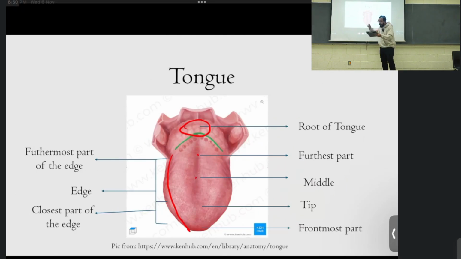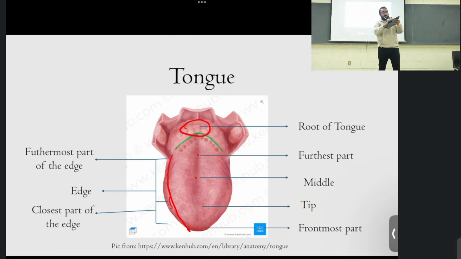Now, the description says the closest part of the edge with what corresponds with it, with the upper palate, right? What is the closest part of the edge? It's right there, right? So basically this whole area is the lam, from here to here. Both sides, both edges, it's not one edge, right?